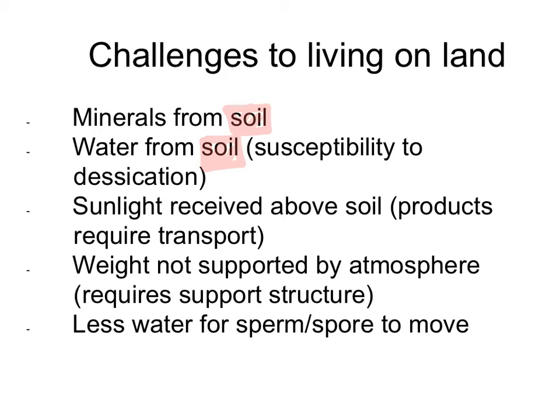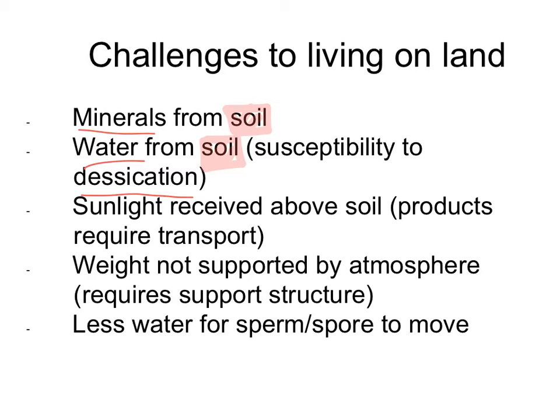So this is relevant with the minerals, as well as how are the plants going to be getting their water? And we mentioned that it was going to be hot. And so as a result of that, there's going to be a susceptibility to desiccation, which just means drying out. So how are plants going to survive when there's a possibility of drying out?